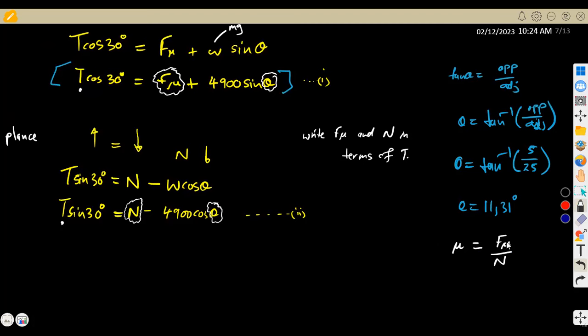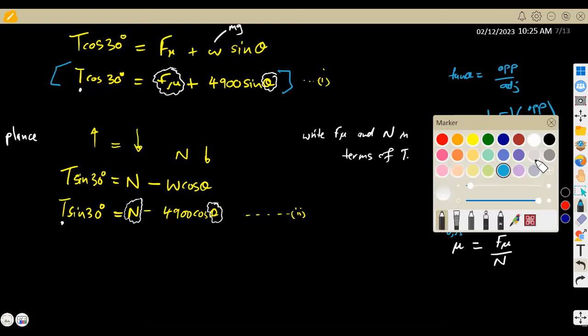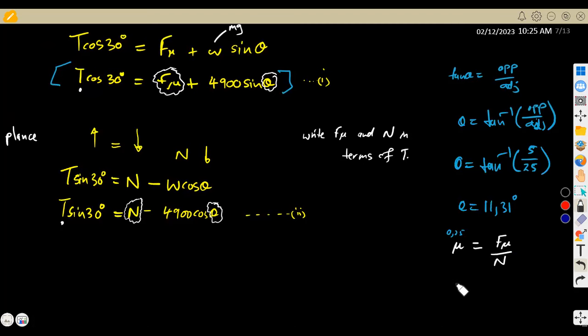So that means we can play around these two. The coefficient of friction is 0.25, so 0.25 is equal to the frictional force over the normal reaction.